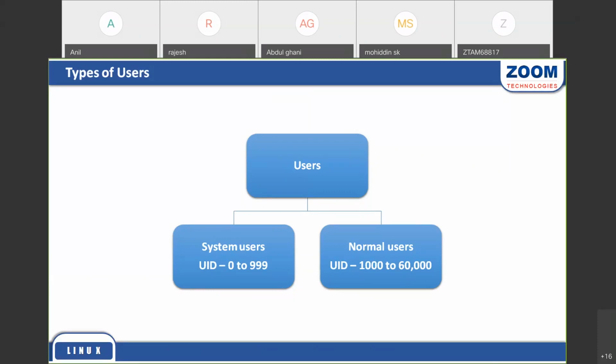System users and normal users: in Linux, they are categorized based on UID.